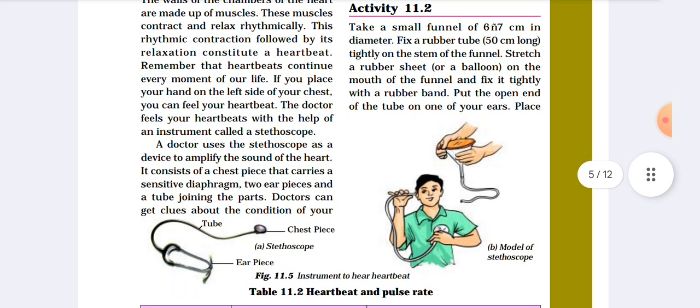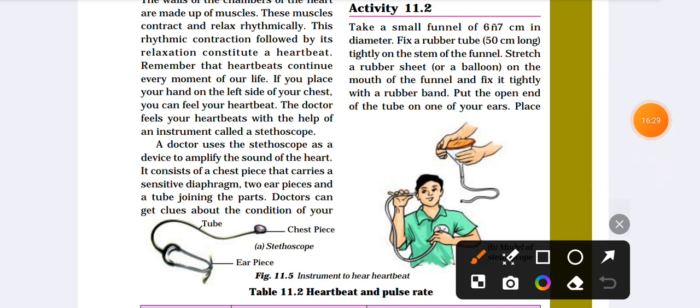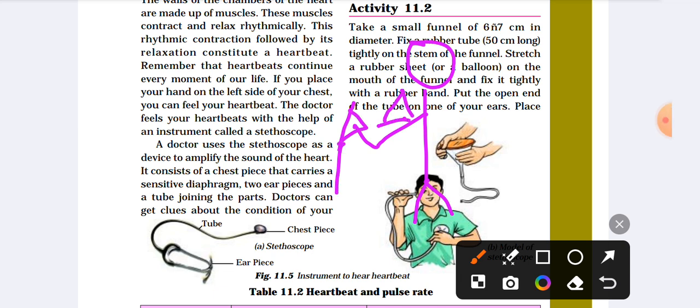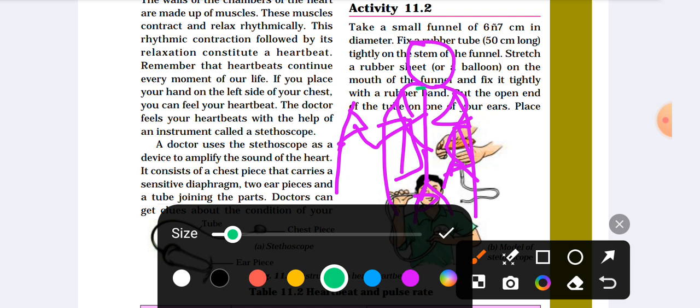Now, how do you imagine a doctor? You imagine a man standing right in front of you, holding an injection, wearing a white coat, and with a small garland-type something around his neck, which is something like this.